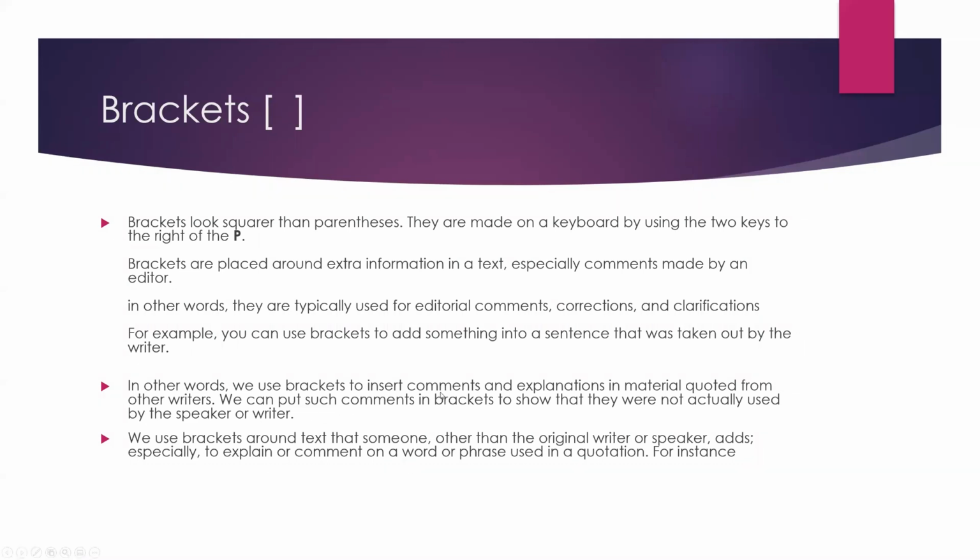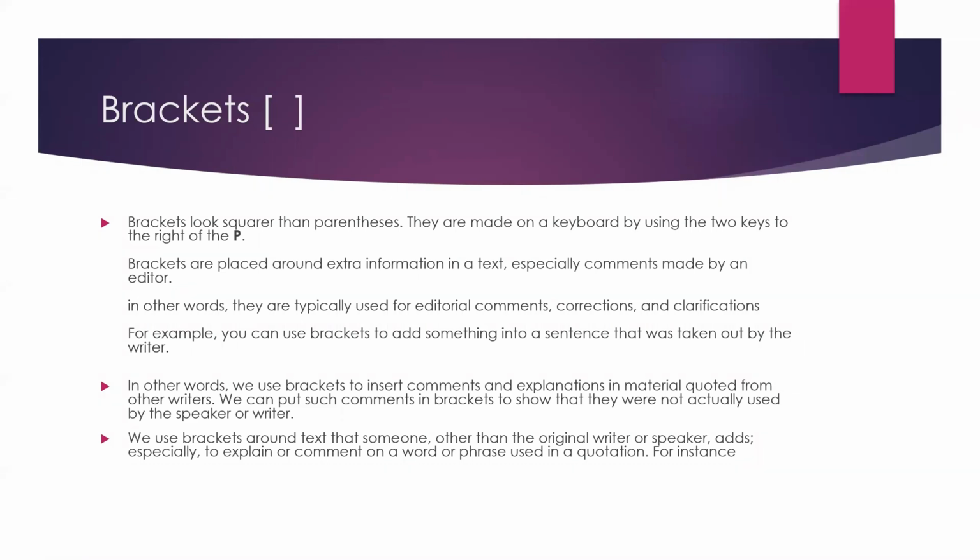So again, you use it to make comments, explanations, for example, on quoted material from other writers. We can put such comments in the brackets to show that they were not actually used by the speaker or the writer. It is an important clarification, really important, to avoid, for example, plagiarism or claiming the identity of someone else.